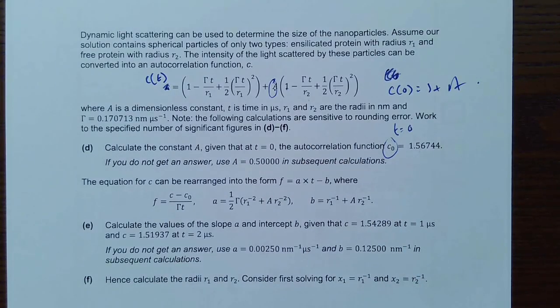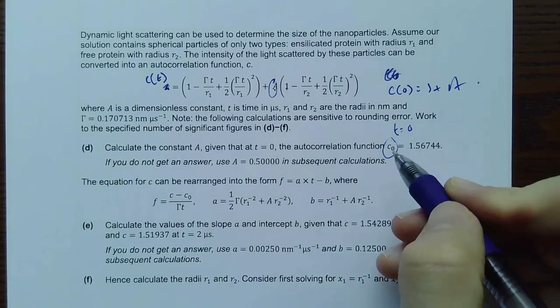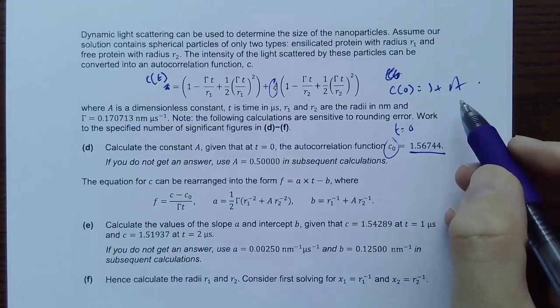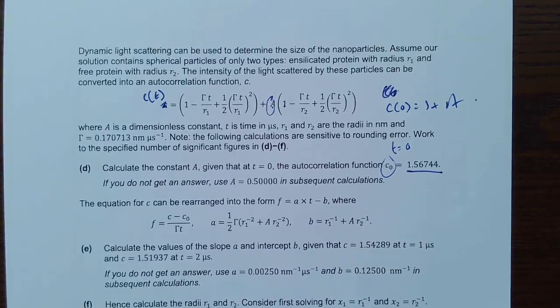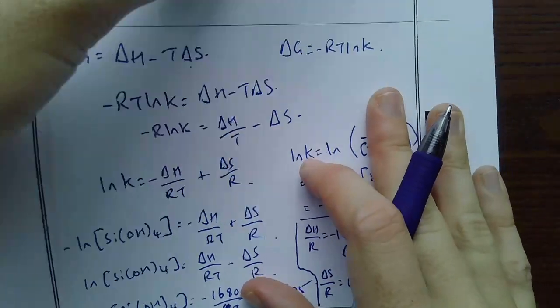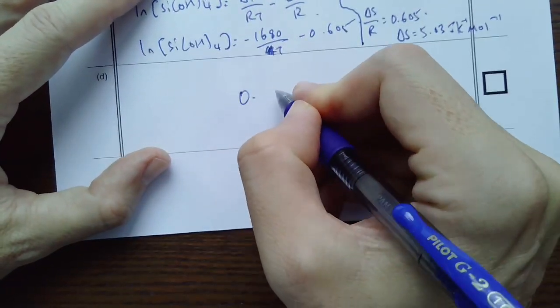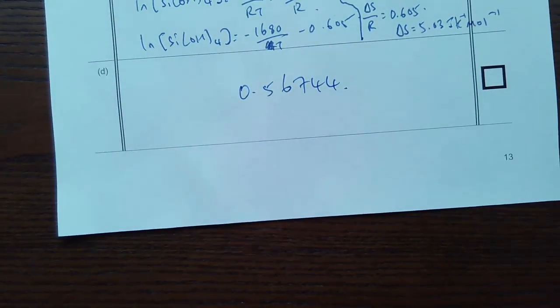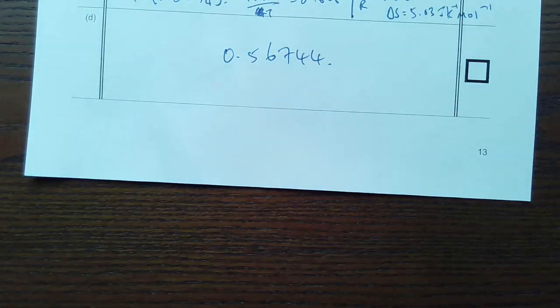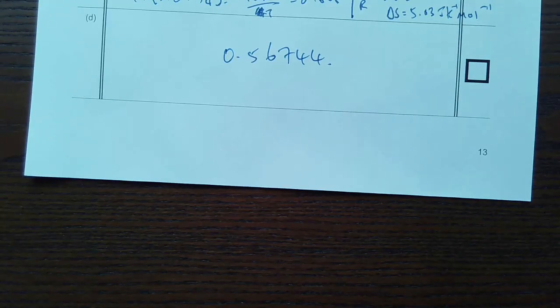Is that right? 1 plus A. Yeah. And I've been given the value of C0, so A is just this number minus 1. So I don't need to do any maths, I can just write it down. It is 0.56744. Okay. As you can see, significantly easier than it looks initially.